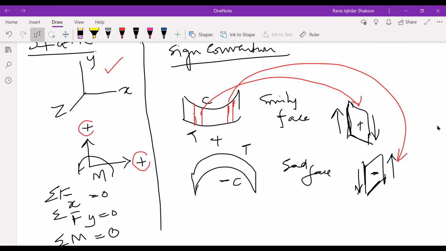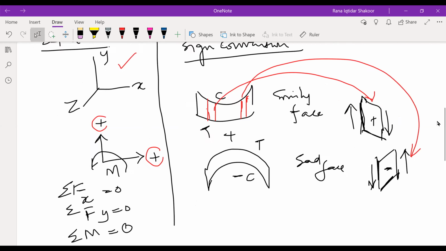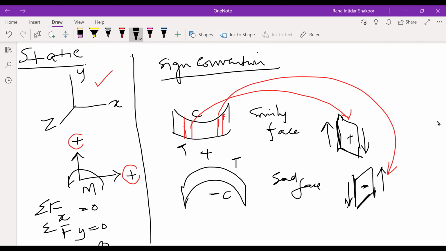Whereas the sign conventions for moments and the sign conventions for the shear forces are different, right? If you have the smiley face, obviously the moment is positive, and if you have a sad or frowning face, then it will be a negative one, right?